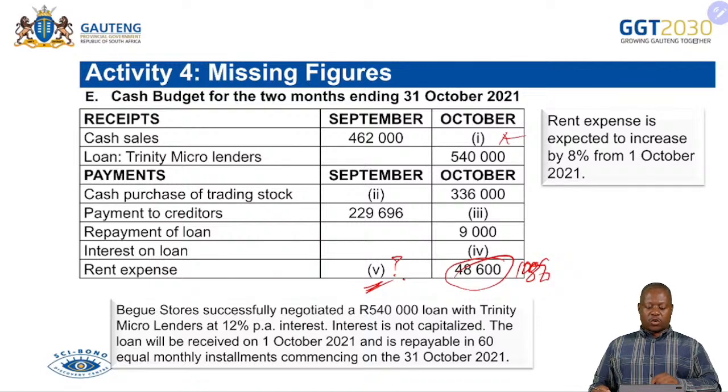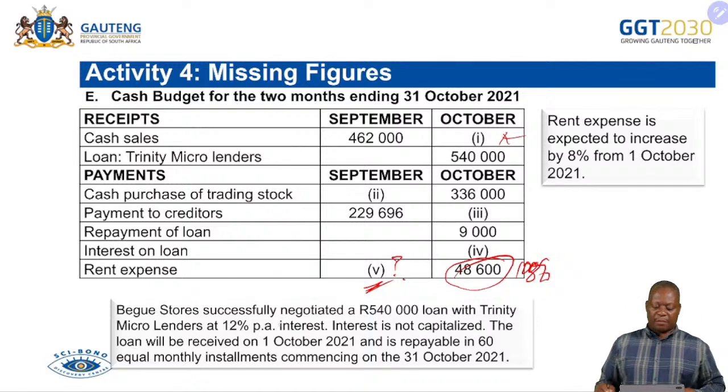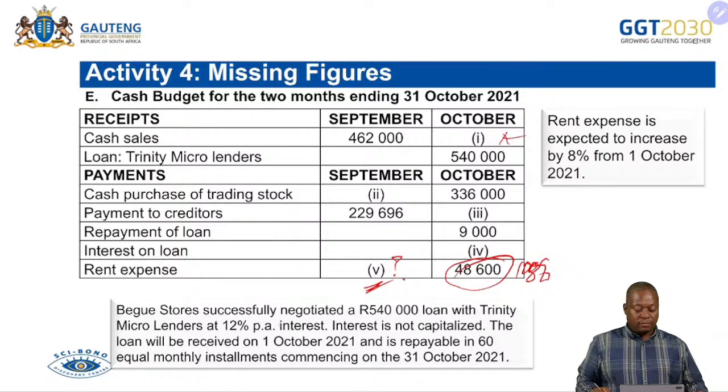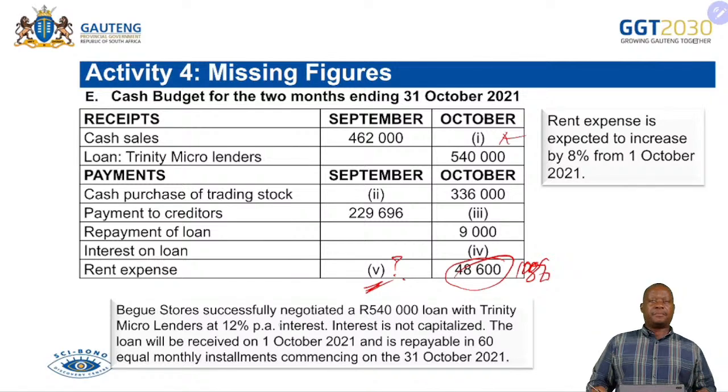Now let's go to the bottom line information here. Bakejuice stores successfully negotiated for a 540,000 loan with Trinity microlenders at 12% per annum interest. Interest is not capitalized.